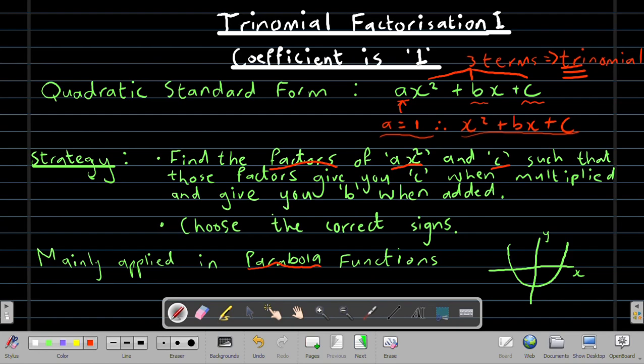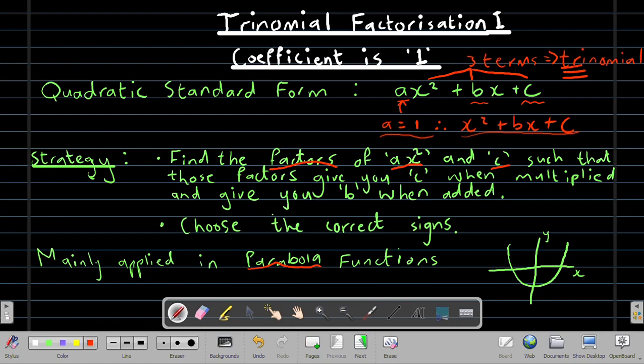The tricky part of this is actually choosing the correct signs. Finding the factors is pretty easy, but choosing the correct signs in different situations is going to be the tricky part. So what I'm going to do is go through all the different iterations of the sign changes for b and c.